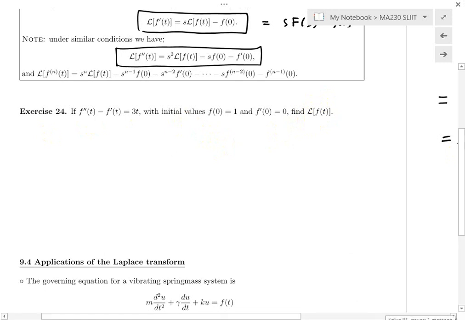So what you have here is f double prime t, the second order derivative, minus f prime t equals, a differential equation of second order.